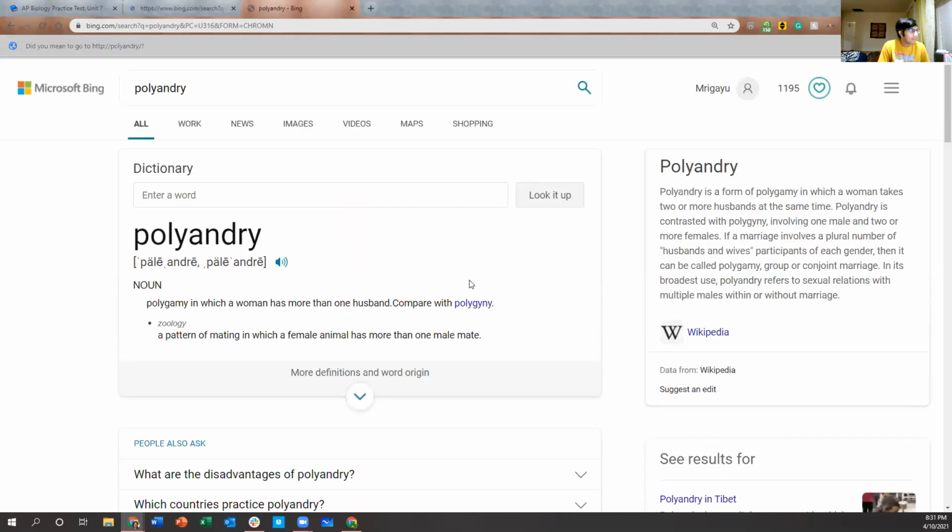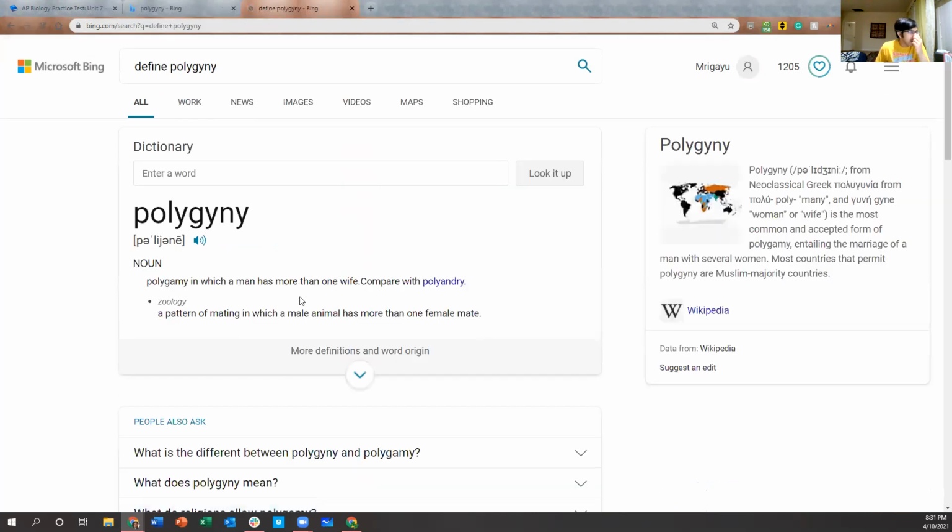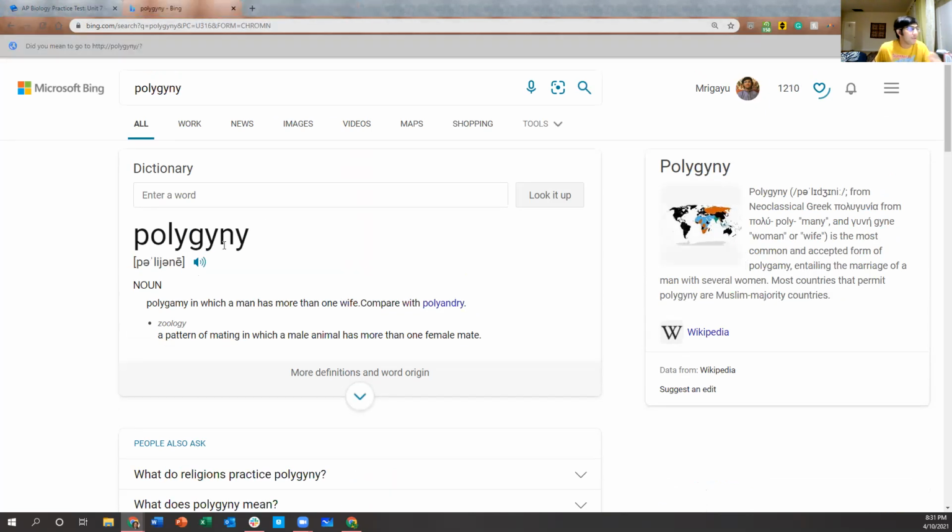Polyandry is woman has more than one husband, pattern of mating in which female has more than one male mate. Polygyny is where a man has more than one wife. Oh, so it's like gyny, like we know the term misogyny. So gyny has to do with woman. So polygyny means man has more than one wife.